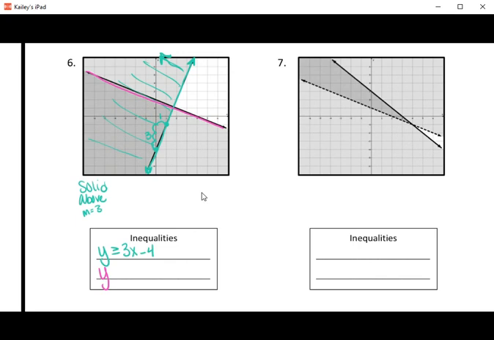So starting with y, let's think about our symbol here. We have another solid line, and this one is shaded below. So solid below means that would be a less than or equal to. Then we can start with our y-intercept, which is at +2.